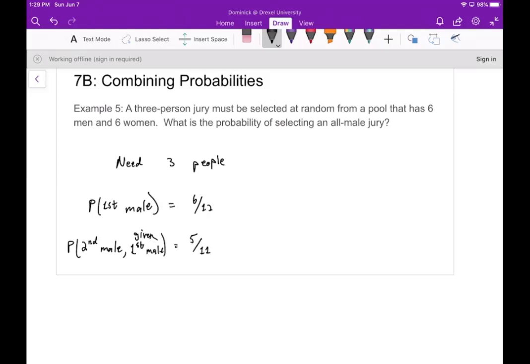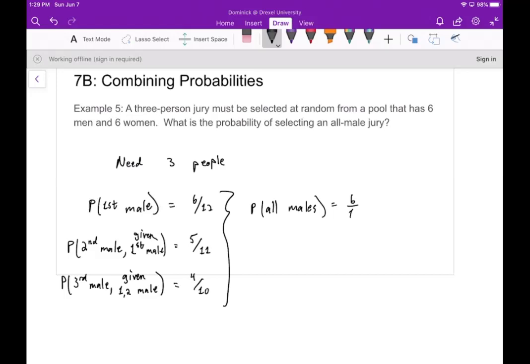Similarly for the third, given that the first two were male, you're down to 10 people but only 4 males. So the probability that we have all males will be 6 out of 12 times 5 out of 11 times 4 out of 10.